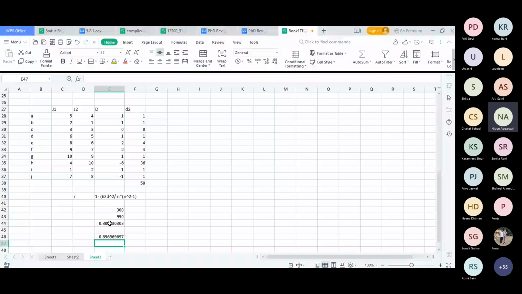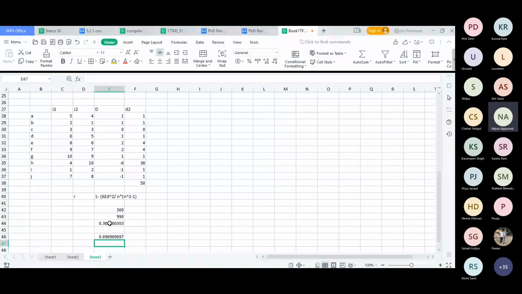So 0.7 shows a high degree of positive correlation, and it is objective now.